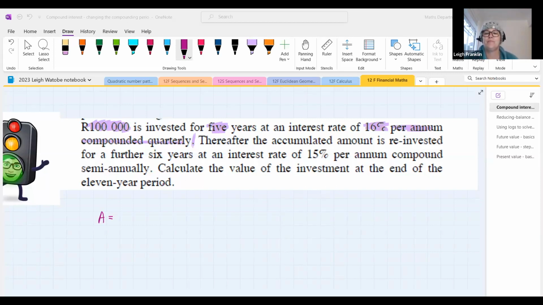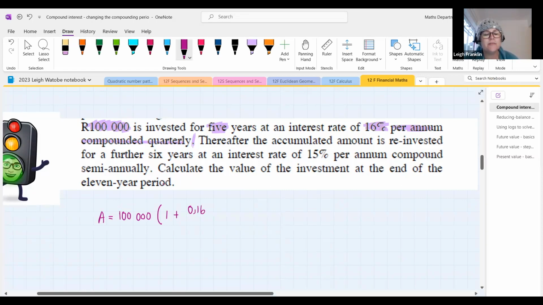And then we're going to write 100,000. 100,000, lovely. Keep going. Then open bracket, 1 plus 0.16, over 4.